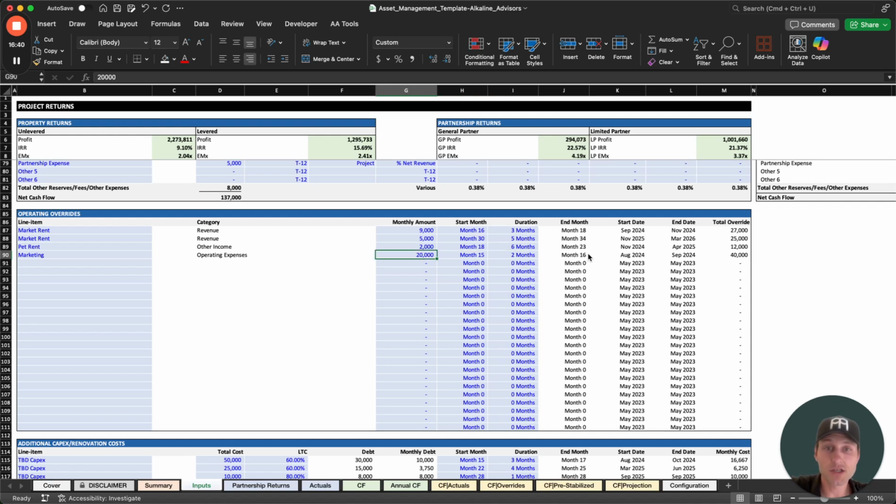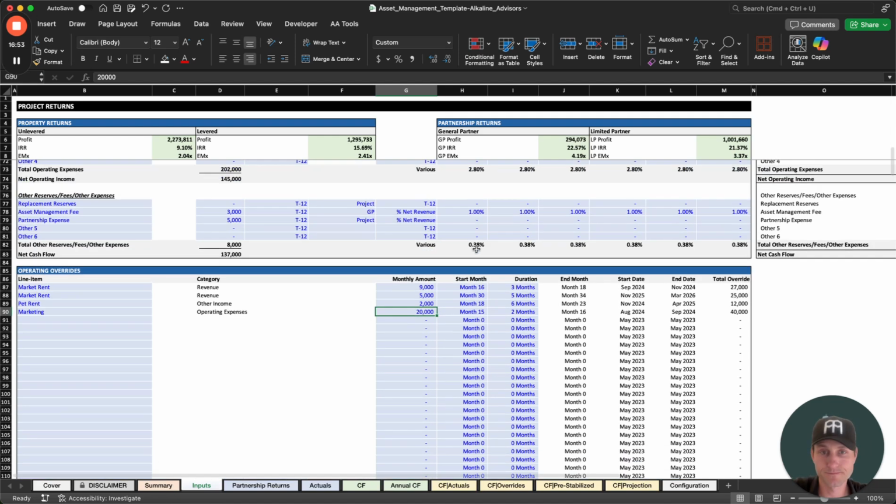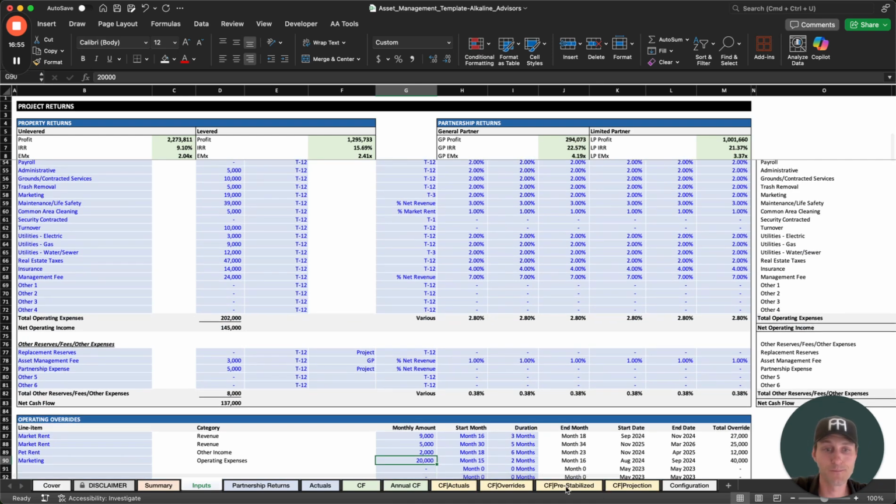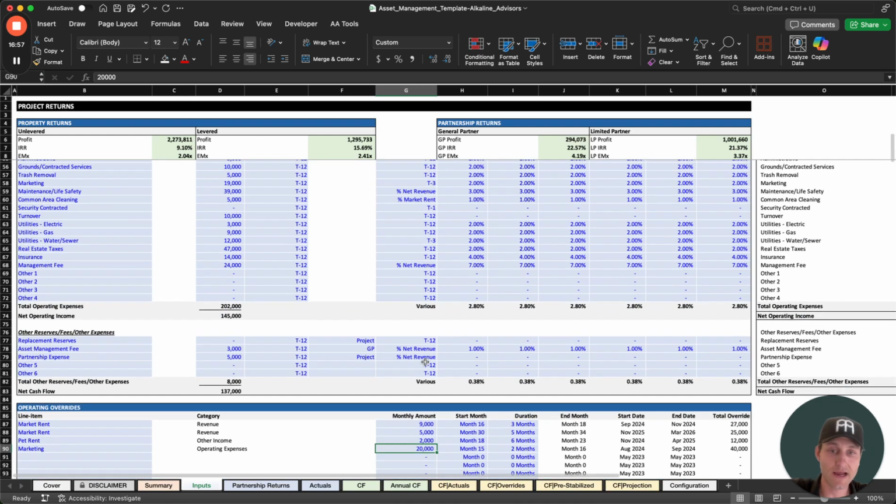So essentially, we know that we're going to be charged an additional $20,000 a month starting in month 15 for 2 months. And this is going to override whatever we anticipate the pre-stabilized cash flow line items to be.